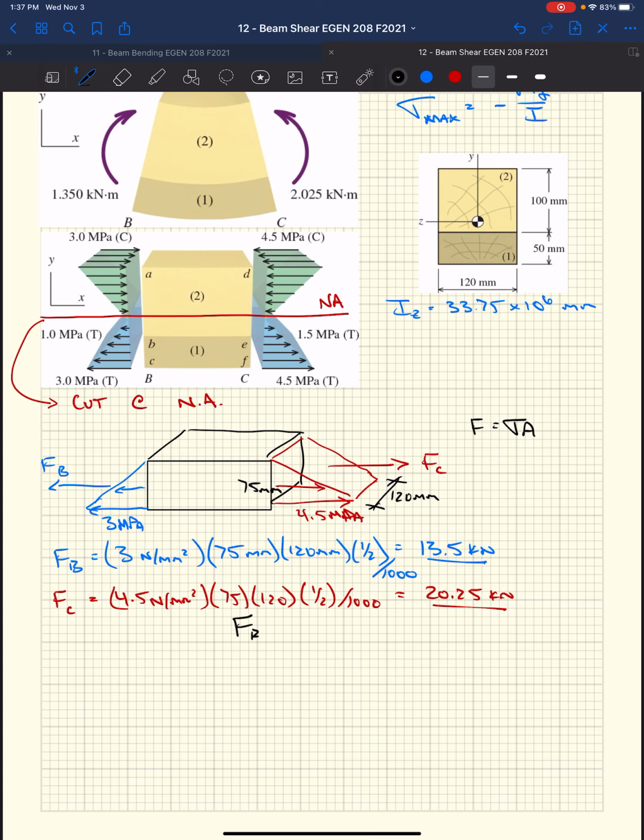FB does not equal FC. Therefore, remember your math days, symbol for therefore, we need an additional internal force.